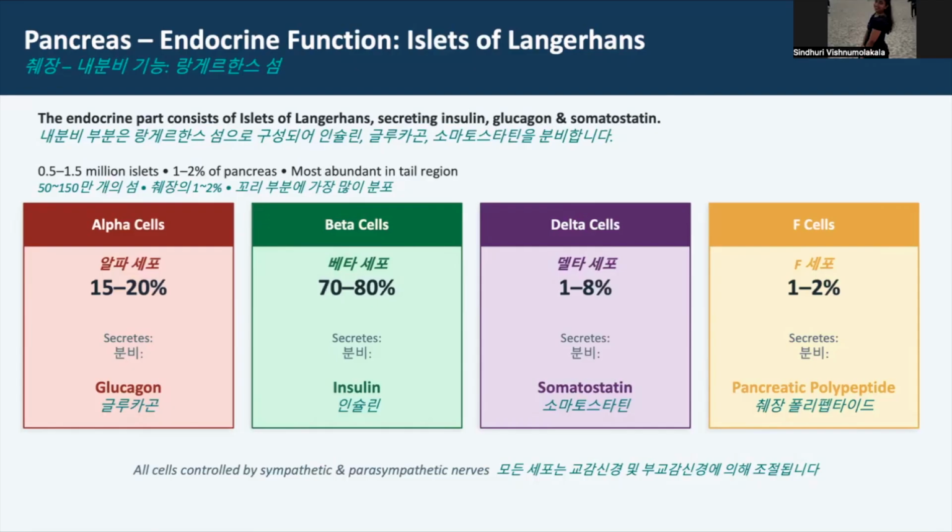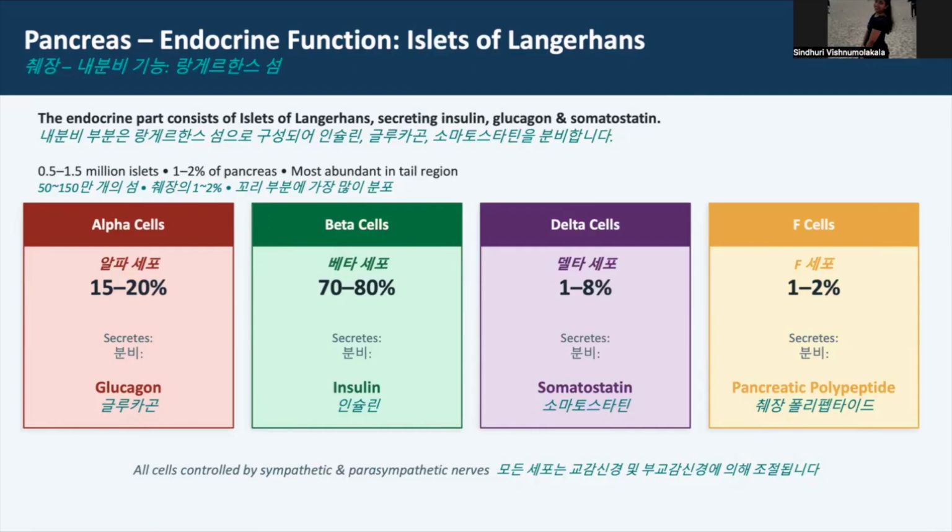These are approximately 0.5 to 1.5 million islets of Langerhans. This endocrine part consists of cells that secrete glucagon, insulin, somatostatin, and pancreatic polypeptide.